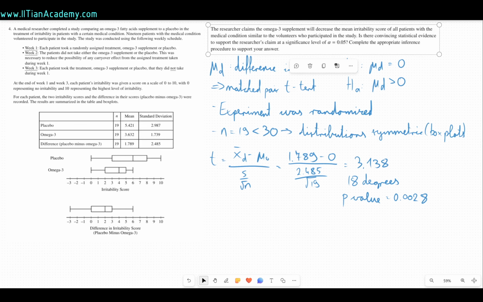So our p-value is smaller than 0.05, which means that the null hypothesis H0 is rejected.